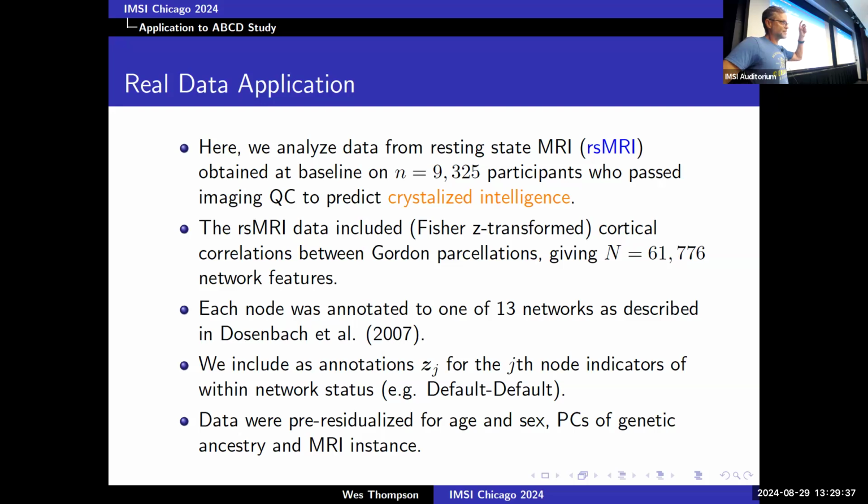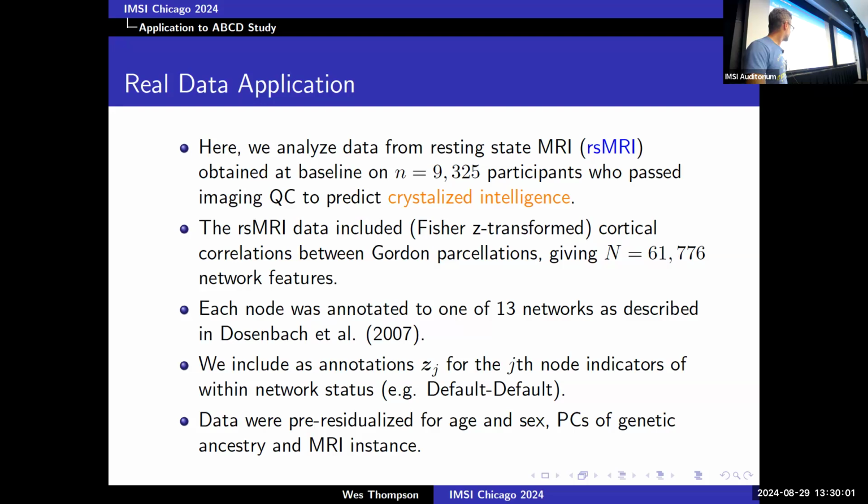Each of those is an edge strength, a correlation, and we annotated each edge into a network, like the 13 different networks from the Dosenbach et al. paper. So for example, if the edge connected two regions which were in the default mode network, it would be annotated default, so you could have any combination of those for the 13 different networks. And so those were the annotations for this model.